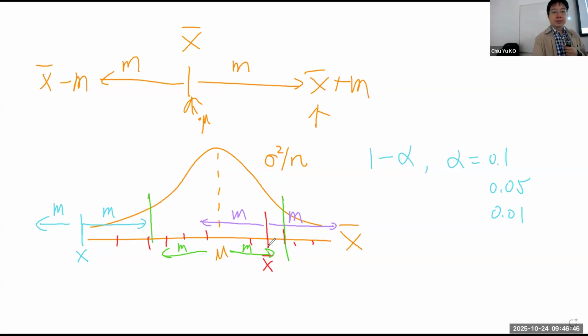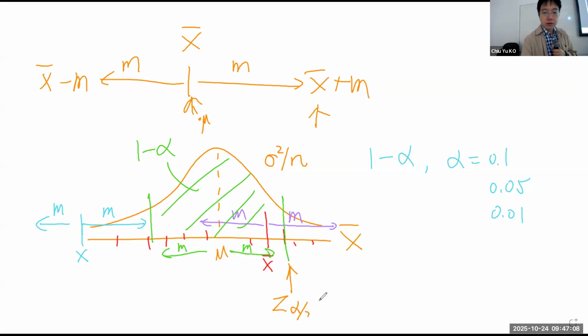So that means I want this probability to be 1 minus alpha, a high probability. And we know this is normal, so it can be standardized. If this tail is alpha over 2, that means this distance is just Z alpha over 2 times sigma over root n.